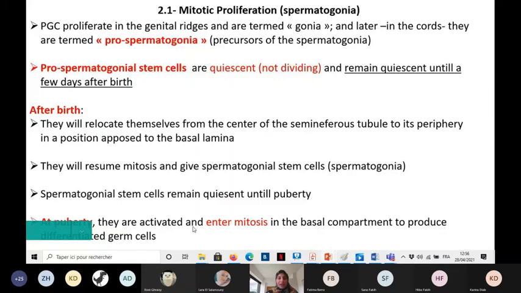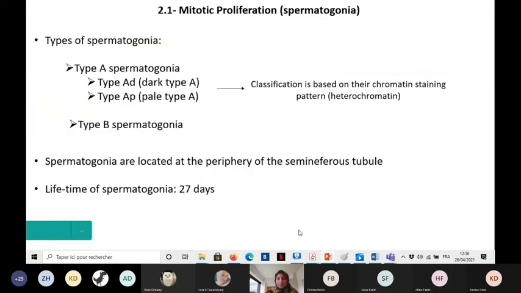They are activated in the basal compartment because they are localized near the basement membrane of the seminiferous tubules. So they enter mitosis after puberty, and they start to divide and then differentiate to give the germ cells. Regarding the spermatogonia, they are generated a little bit after birth, but they remain quiescent, not dividing. They only start to divide after puberty.